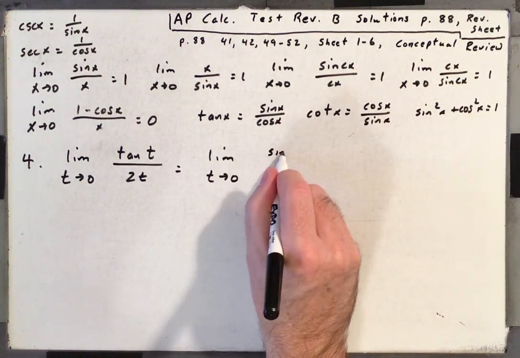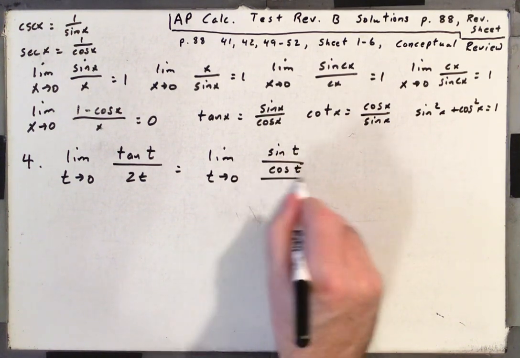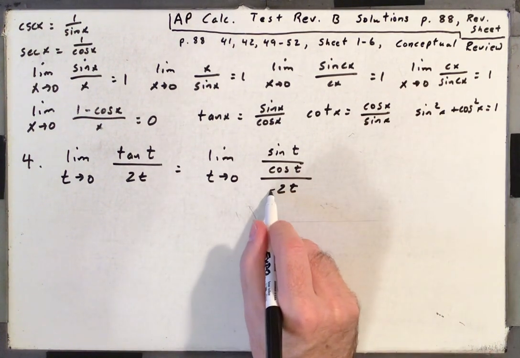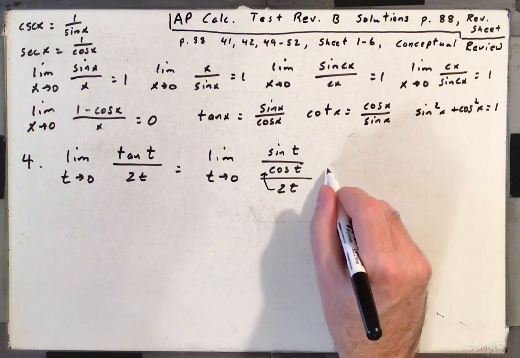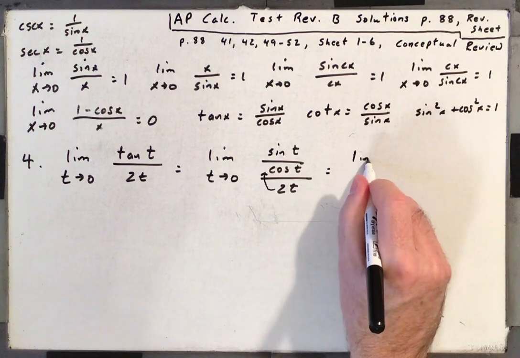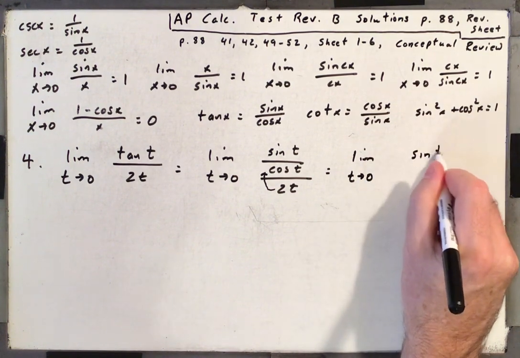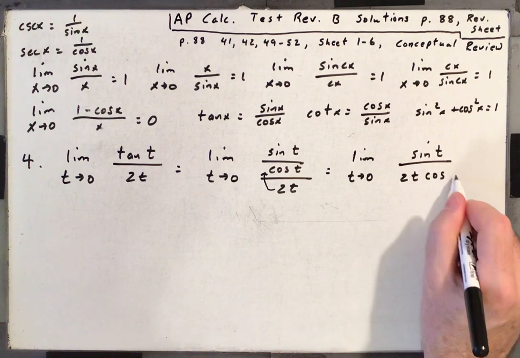So that would be sine t over cosine t over 2t. Now I can move that 2t down a level because it's the same as multiplying by 1 over 2t. So that's the limit as t approaches 0 of sine t over 2t cosine t.